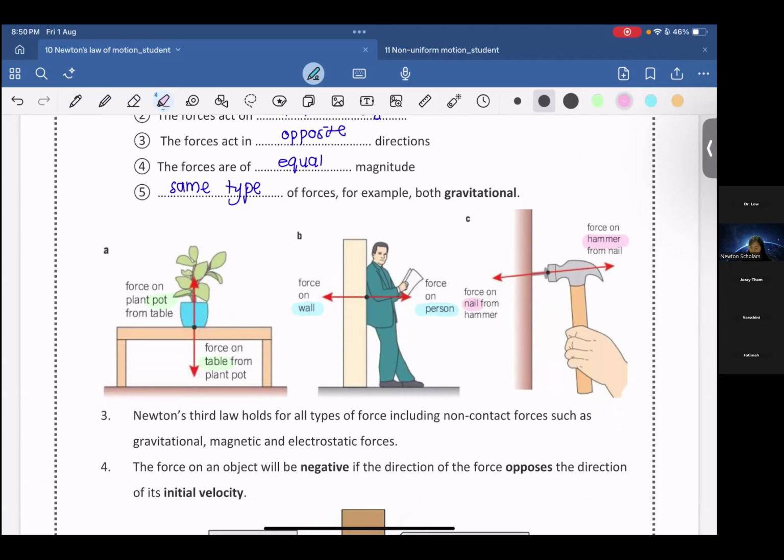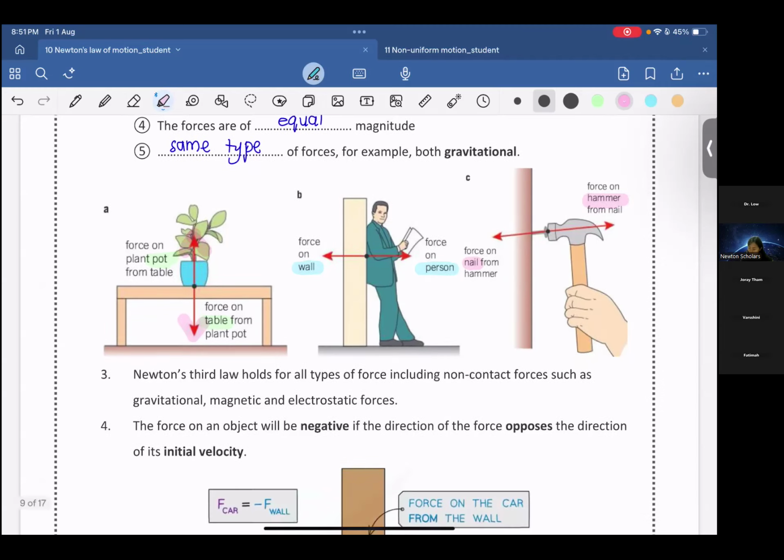Then you see the directions must be opposite. The force arrows are also drawn in equal size to represent the same magnitude. Magnitude means the value. Okay, so this is an example.